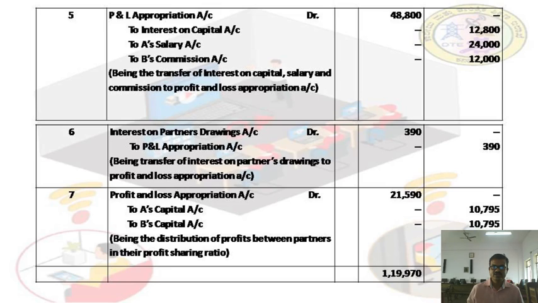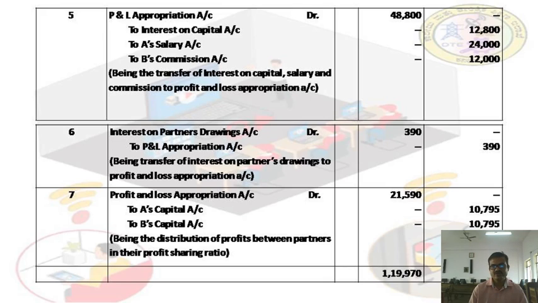So the total amount transferred to profit and loss appropriation account debit side is 48,800. Narration: being transfer of interest on capital, salary and commission to profit and loss appropriation account.